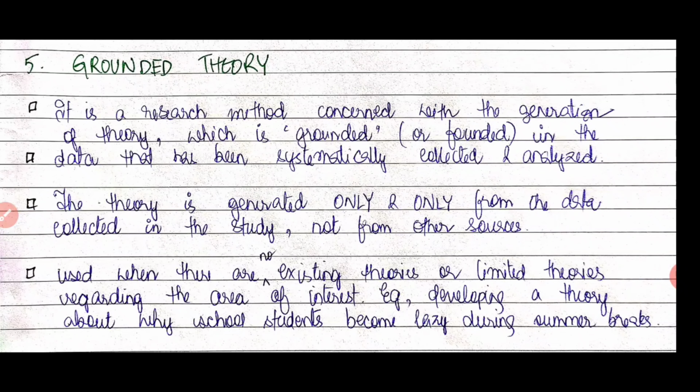The theory is generated only and only from the data collected in the study, not from other sources. It is used when there are no existing theories or limited theories regarding the area of interest. So, when there are no existing theories, when there are very limited theories in that area of interest, that is when we use grounded theory.